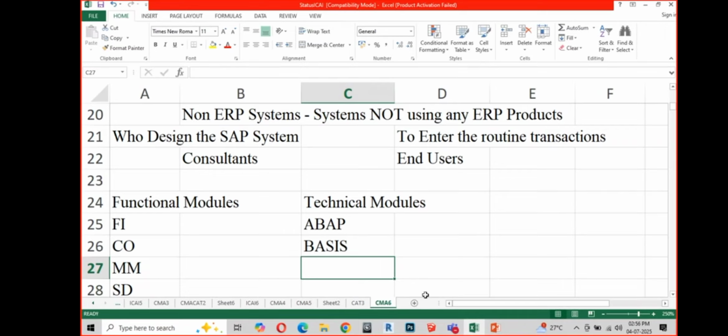Now imagine a scenario in the finance department. You have accounts payable, accounts receivable, assets, bank, taxes. Each person, or a person, handles a few of them. He cannot handle the entire thing.